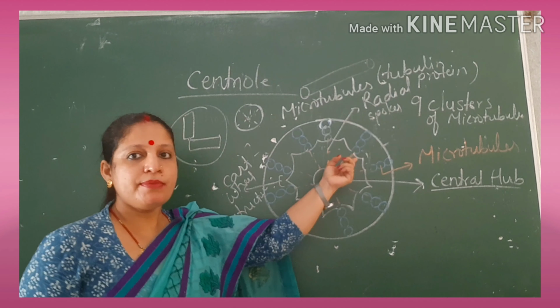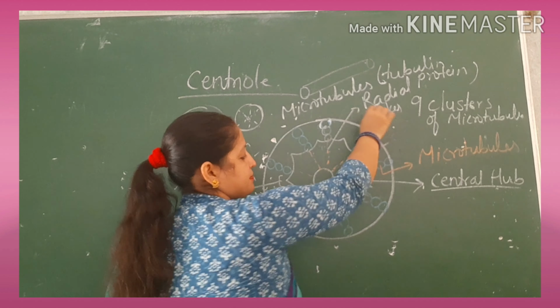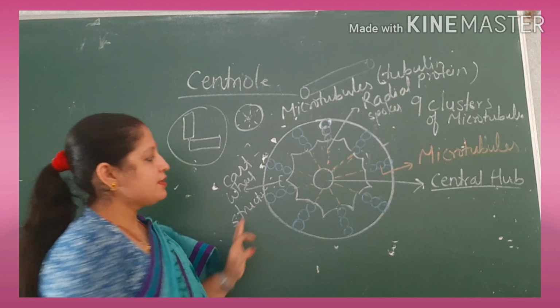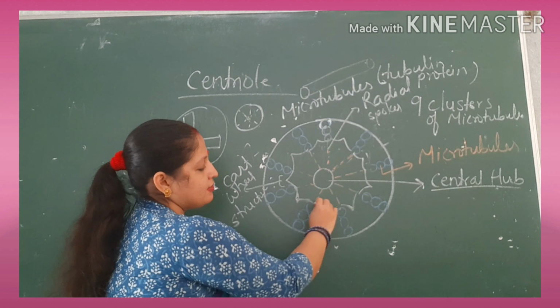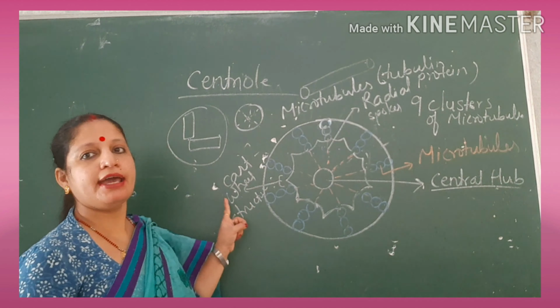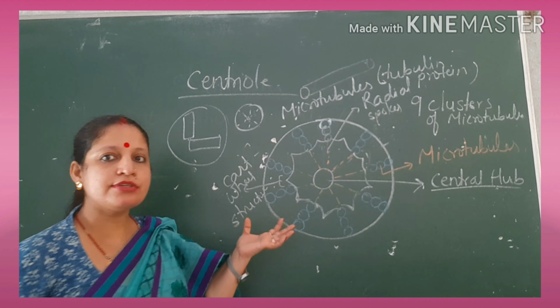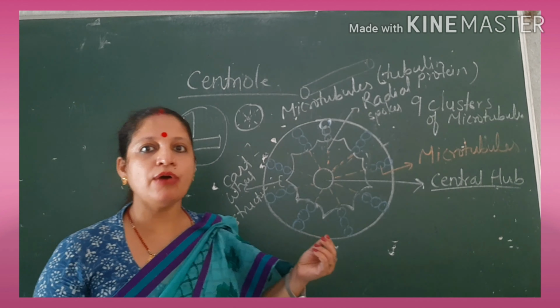Each microtubule is attached to this central hub by these radial spokes. So this structure is called radial spokes, and they are arranged like this. In this way they form a cartwheel-like structure. So this is the diagram of the centriole, in which the microtubules are arranged.